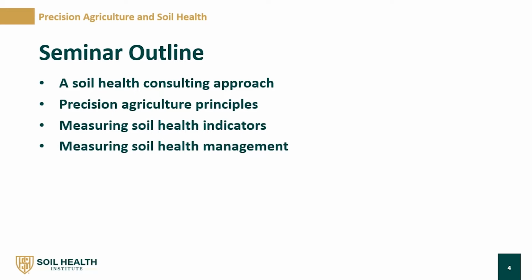And then we'll round out the discussion with two case studies about ways we can apply those precision agricultural tools to soil health, specifically looking at measuring changes in soil health indicators, so using precision ag to measure or monitor changes in soil health, as well as using precision agriculture to measure or quantify changes in management that might impact soil health.